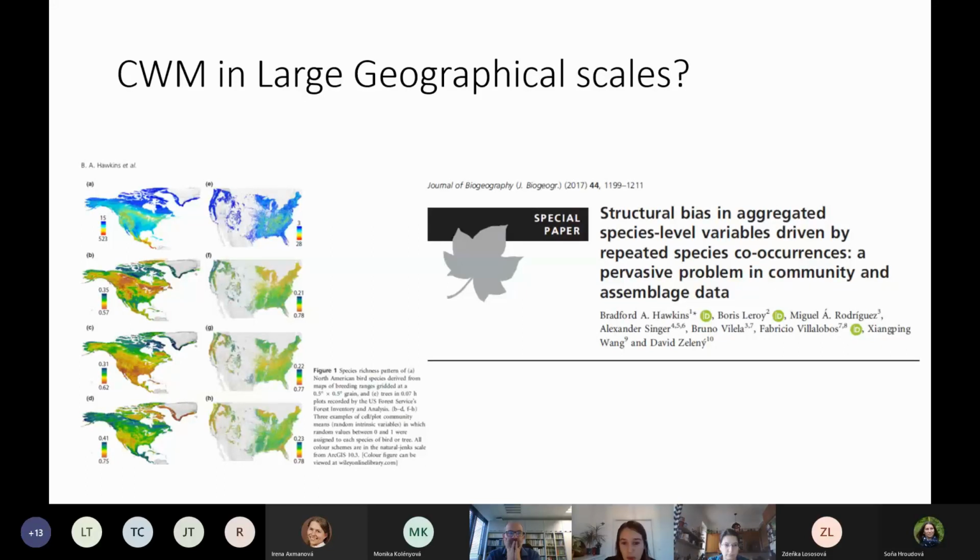There is this one paper that shows, here in North America, all of these nice trends are also caused by random traits, as I understood from the paper. They use birds and plants.